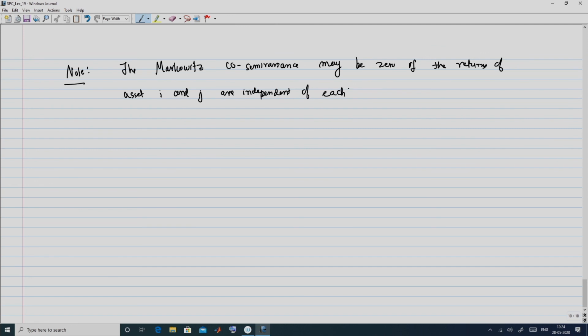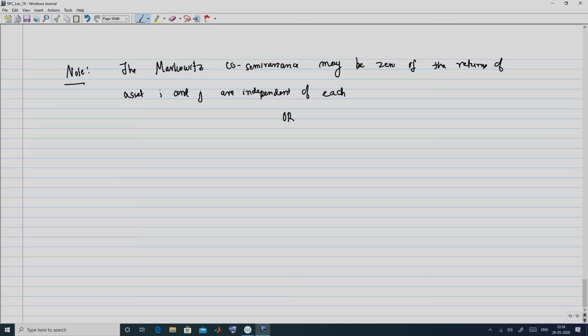This is sort of obvious from the fact that the covariance of two independent random variables is equal to 0, and so this can in turn be intuitively seen in the case of the co-semi-variance.